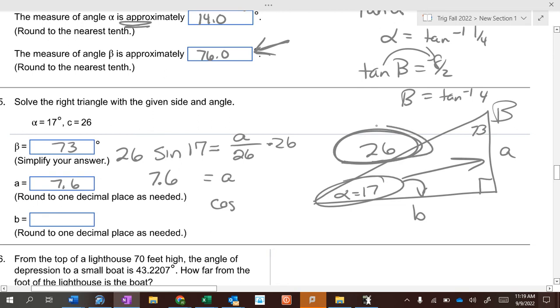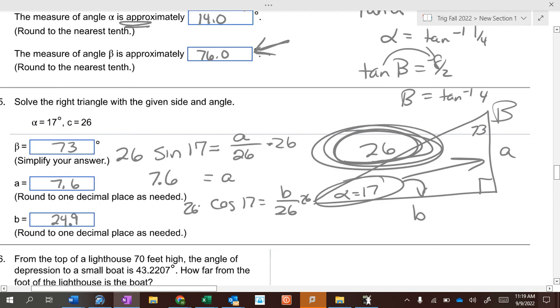So I want to use what I'm given at the start of the problem, the 26. So the cosine of 17 equals B over 26. What do we do to each side? Multiply by 26. Take 26 times the cosine of 17. What's 26 times cosine of 17? 24.9.